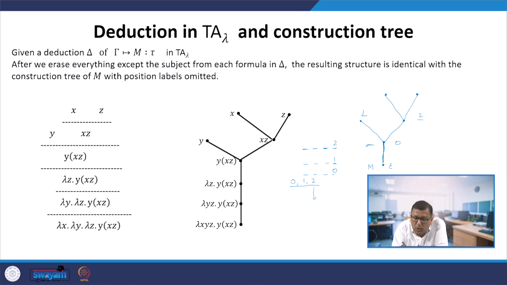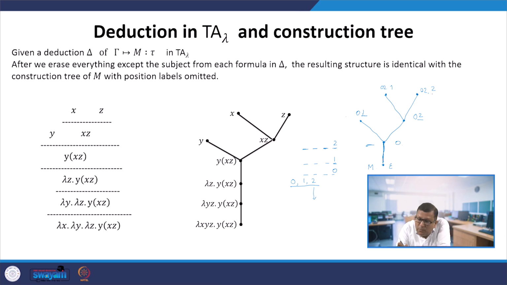By the construction, when this abstraction was added, a 0 was concatenated at the left end of each position level. So this is 0, 1 and this is 0, 2. Moving upwards, again the rightmost will be 2 and the rightmost will be 1, and the other symbols will be 0, 2 here and 0, 2 here.